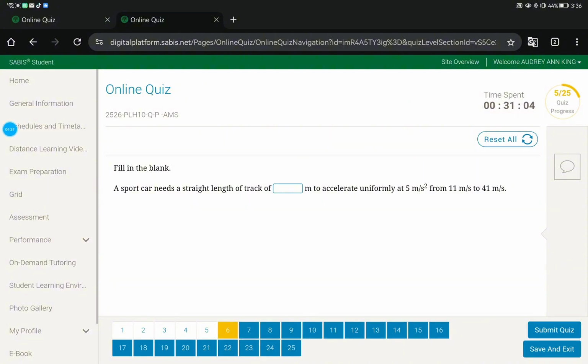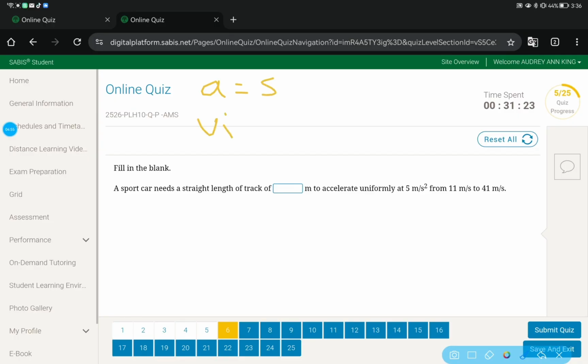A sport car needs a straight length of track of blank meters to accelerate uniformly at 5 meters per second squared from 11 meters per second to 41 meters per second. So let's write down our given. We have acceleration, which is 5.